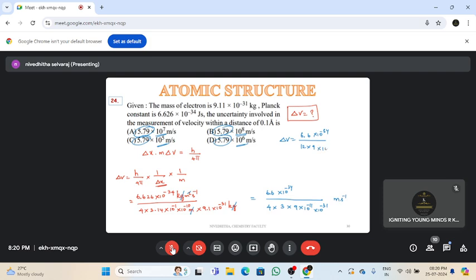This is 10 power minus 42 meter per second. Varshini, what is your answer? Geetan? So by calculating, we'll get 5.79 into 10 power 6 meter per second.